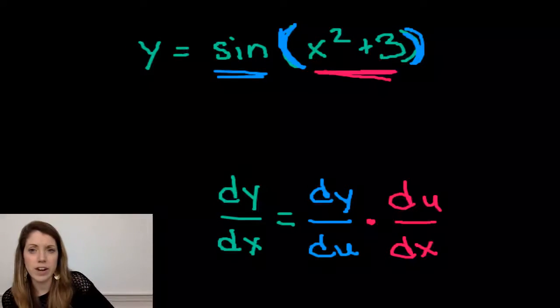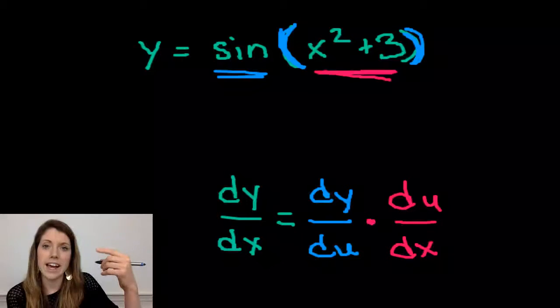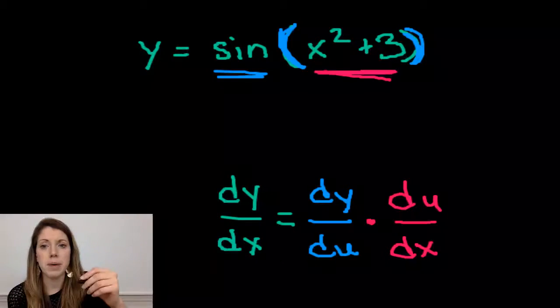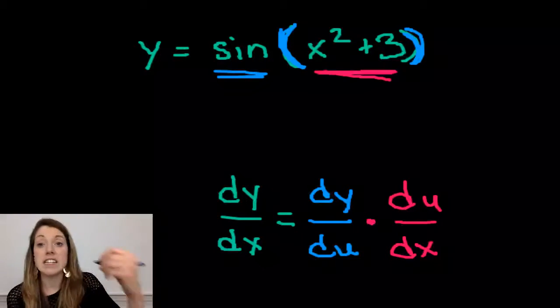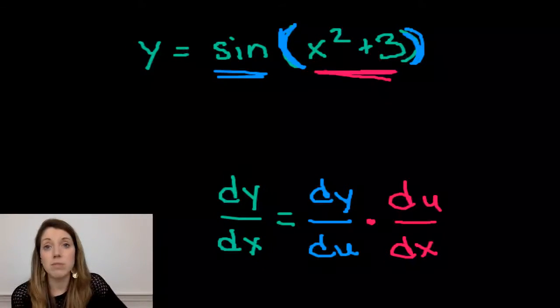So take a look at these fractions. dy/du times du/dx. Well, using our normal rules for fractions, if we think of dy as an instantaneous change in y divided by an instantaneous change in u, and then du/dx as an instantaneous change in u divided by an instantaneous change in x, we can think about these as variables.